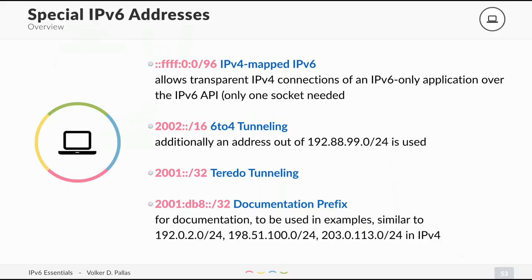And if we're talking about /32, it means that 2001:0000 up to 2001:FFFF, and everything after that is in this range. And then we have a documentation prefix that starts with 2001:DB8::/32, which should be used in documentations, and it is not routed on the internet.